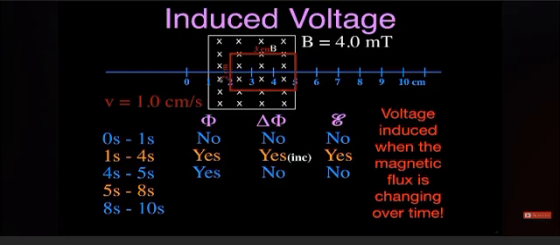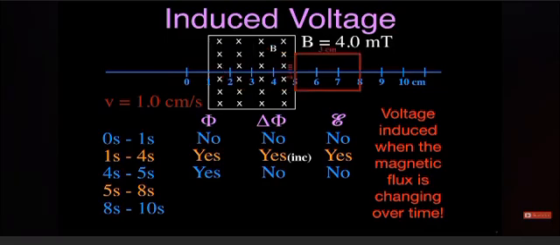As the coil moves across that magnetic field, the number of lines of magnetic force that are cutting through that coil still remain constant, and hence there's no change in our magnetic flux. So we are saying no change in flux, and hence no induced voltage. This is very important to note here. We have our coil still moving, but yet there's no induced voltage because there is no change in magnetic flux.